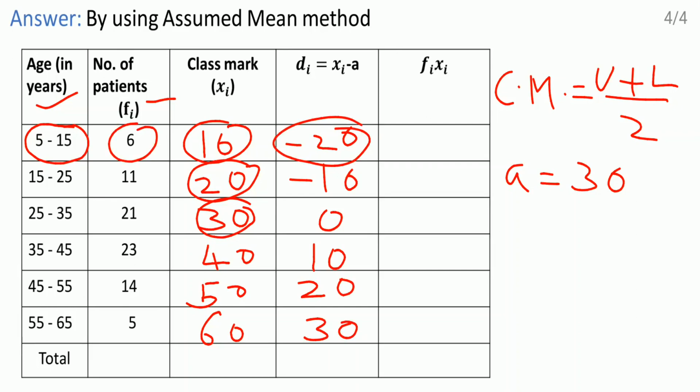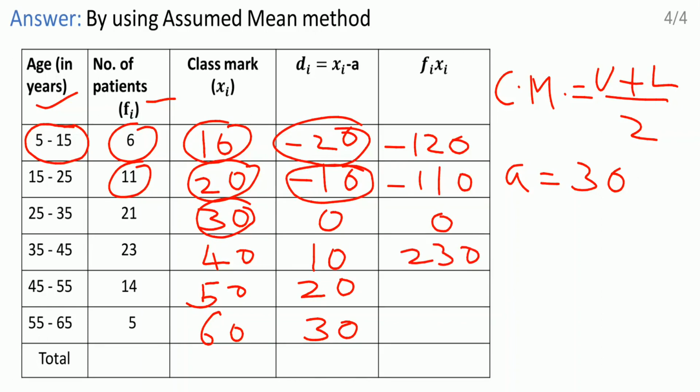So 6 into minus 20 is minus 120. 11 into minus 10 is minus 110. This is 0 here. 23 into 10 is 230. 14 into 20 is 280. And here 150.